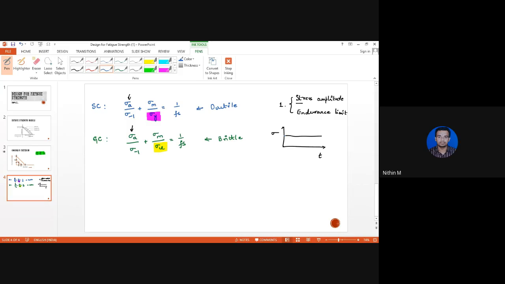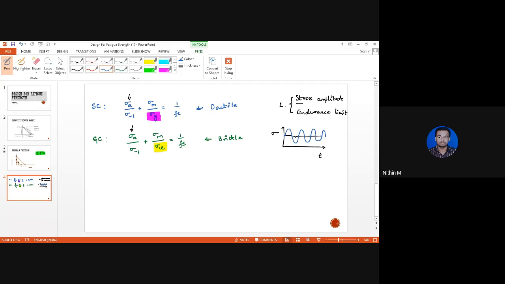When the child falls back, the stress will have a maximum value. Again, when it loses contact, it comes back to 0. So the stress varies from a maximum value to a minimum value. This is not an accurate representation; I am just trying to represent it using a sine wave.